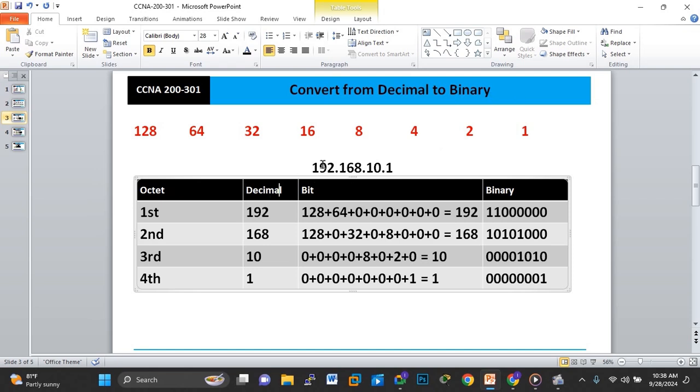Now you need to have this table. Example for those preparing for the examination: take note. Even if you understand subnetting in depth, please make sure that this bit table, you write it down.